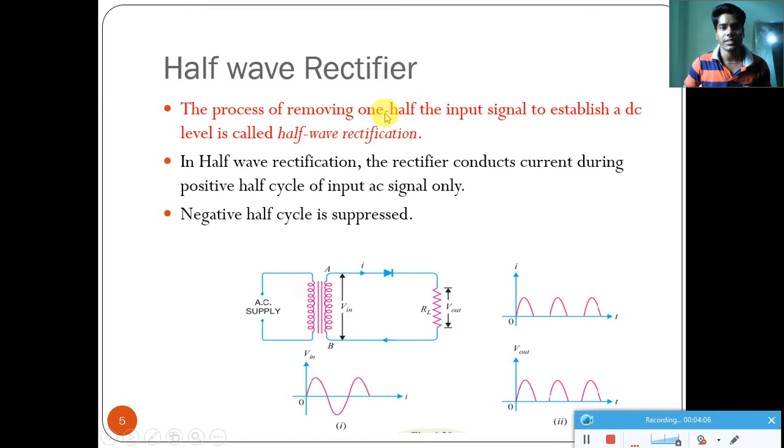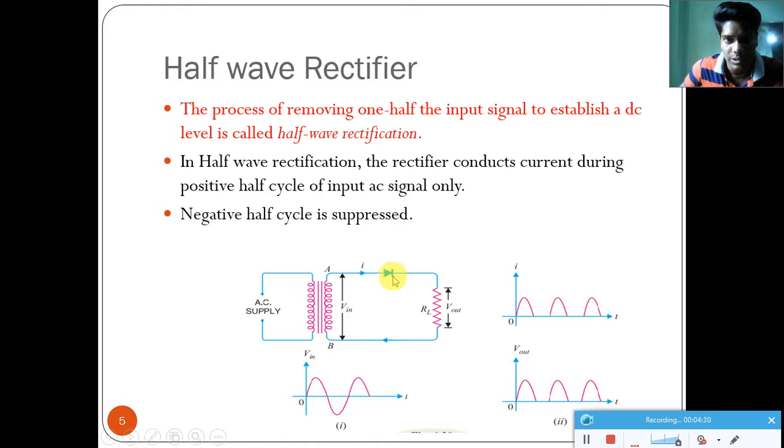See here in this example, suppose the rectifier circuit is like this. This is a 230 volt AC supply with 50 hertz frequency. This is a step down transformer, which steps the voltage down from 230 to 9 or 12 volt AC. Here we are using one diode in the half wave rectifier.